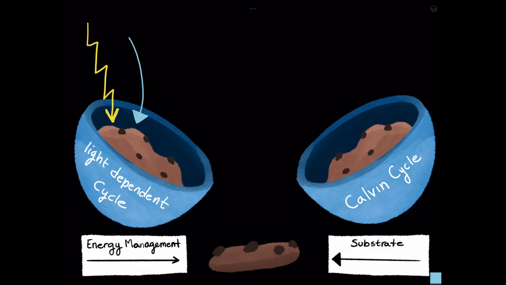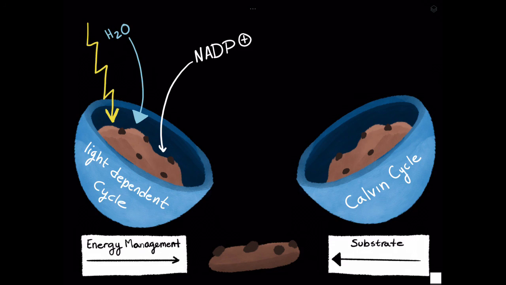So you'll remember the formula is 6 CO2, 6 H2O. So this is where our water comes in our light-dependent cycle. And then we have our energy management molecules. So the first energy management molecule is NADPH. So we're going to draw this in here. Notice that I'm saying NADPH, not NADH.